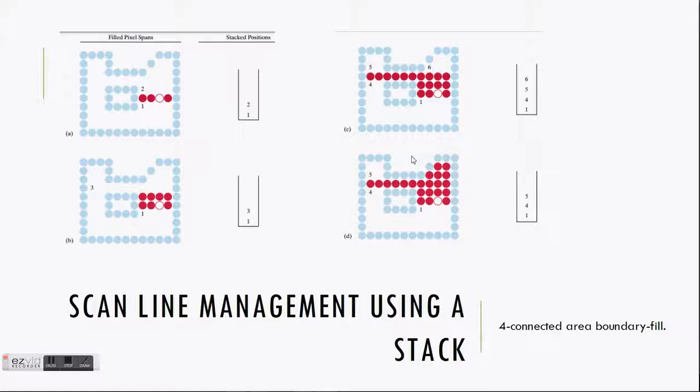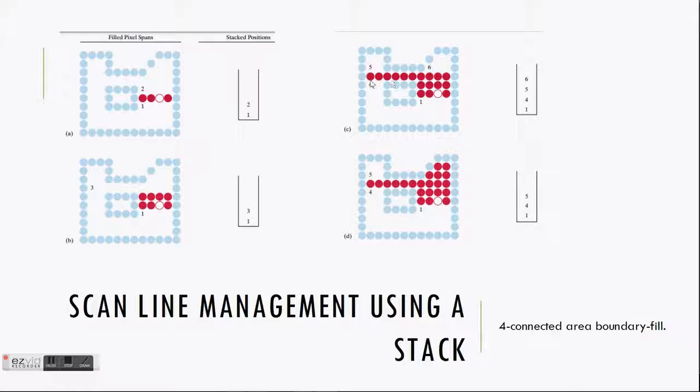Here we can see the stack implementation of the 4 connected boundary fill. Diagram A. The area is divided into two parts, 1 and 2, and is stored in stack 1 and 2, this being the entry pixel. Diagram B. Area 2 is filled and popped out of the stack, and area 3 is pushed into the stack.